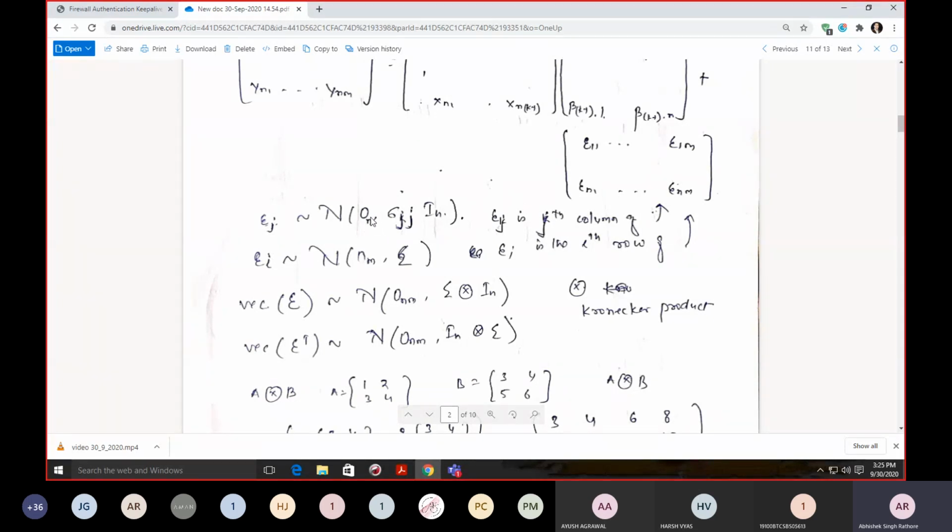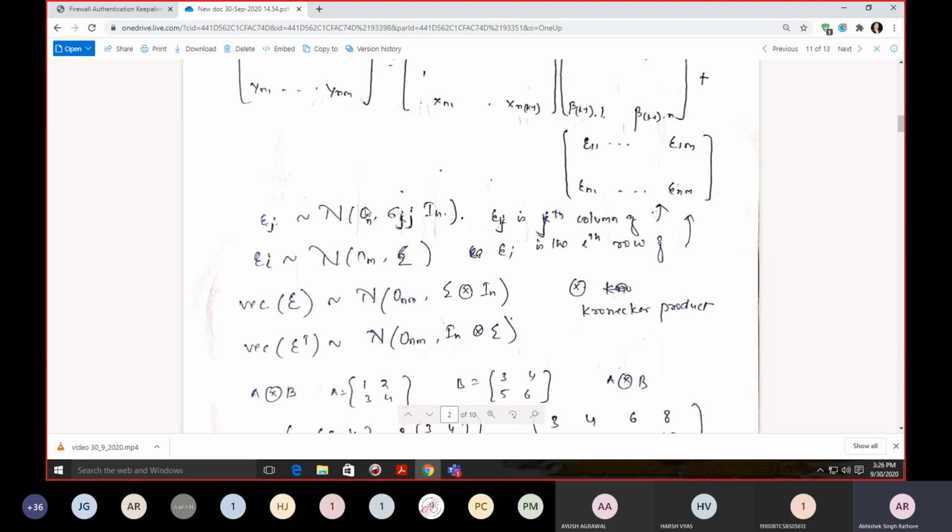So we have n entries in that particular column, with covariance sigma jj into In. What is In? This In is just an identity matrix containing n items. So this is an n cross n matrix with diagonal elements 1 and off-diagonal elements 0.